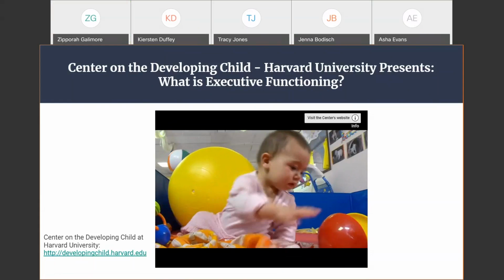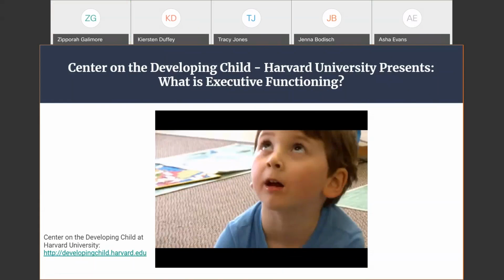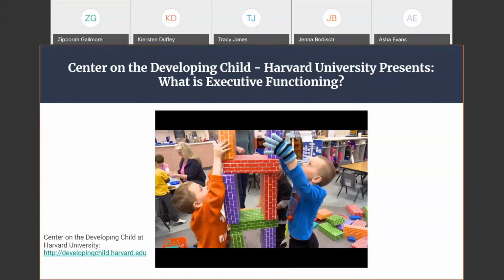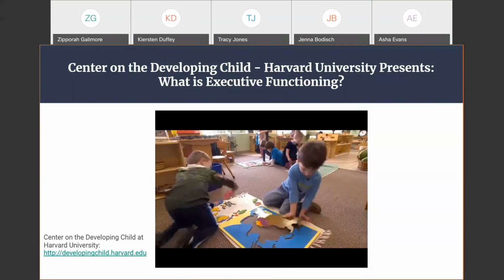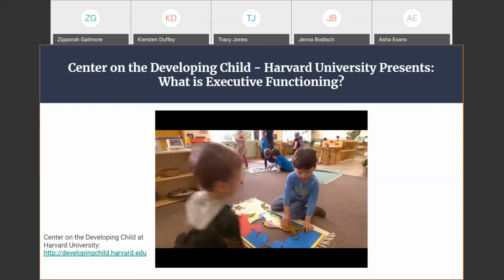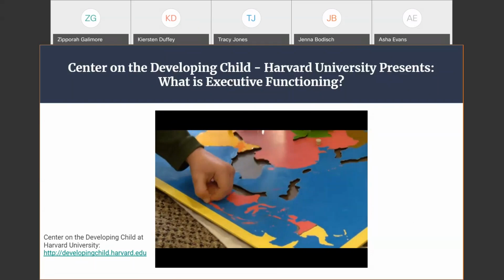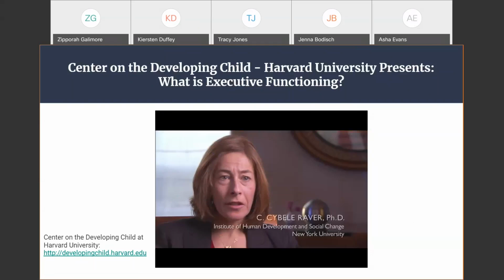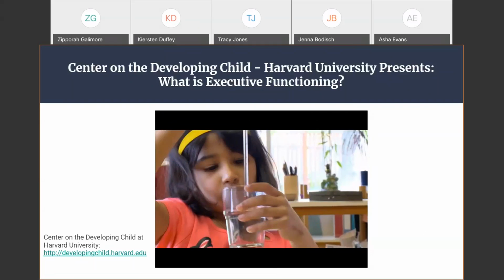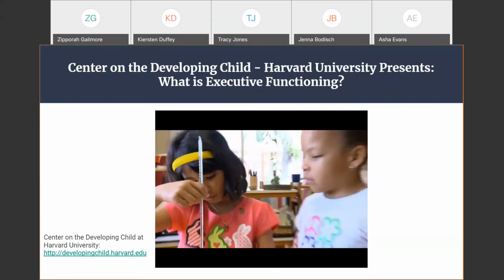Science tells us that brains, minds, are built, not born. And at the center of this dynamic architecture are a set of skills called executive function and self-regulation. Children's self-regulation and executive function are key ingredients in their lifetime performance.